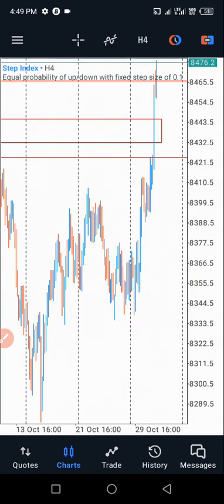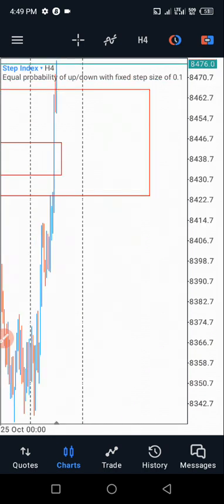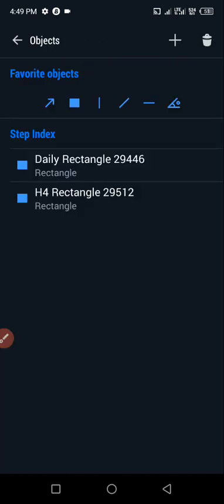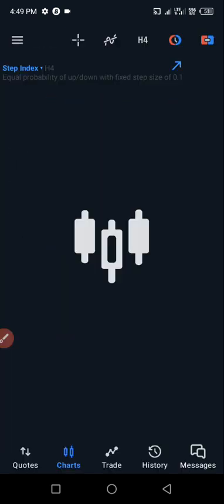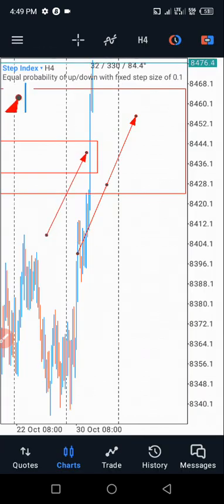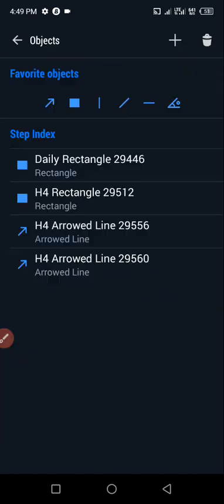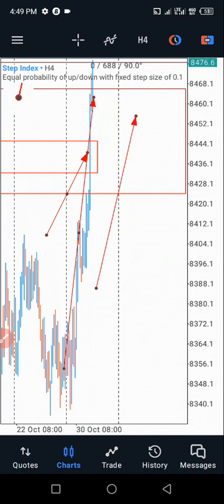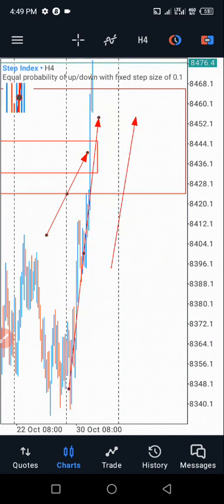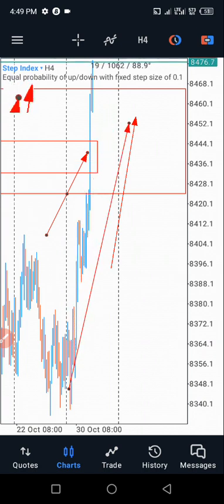So after that, price came into this order block level here, and then price came into this imbalance on the 4-hour. But you notice that because of the buying pressure here, price took out this imbalance here, but was still inside the order block.